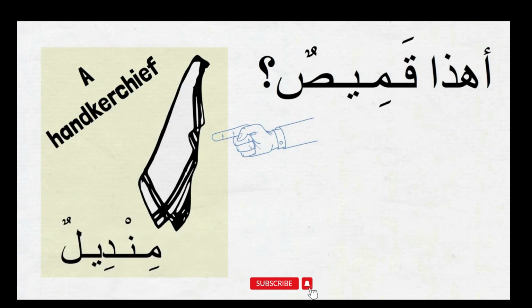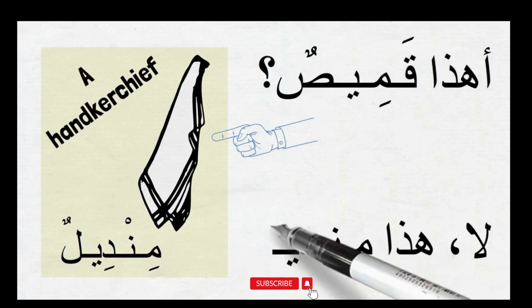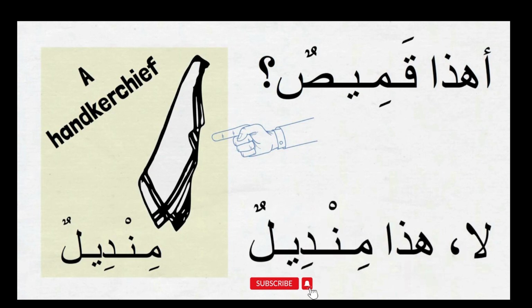Nowadays we don't see handkerchiefs in use a lot, but منديل also means a napkin, just to let you know. Now going back to our question, أهذا قميص؟ Should the answer be نعم or لا؟ لا, right? لا هذا منديل. We're saying no, this is a handkerchief.